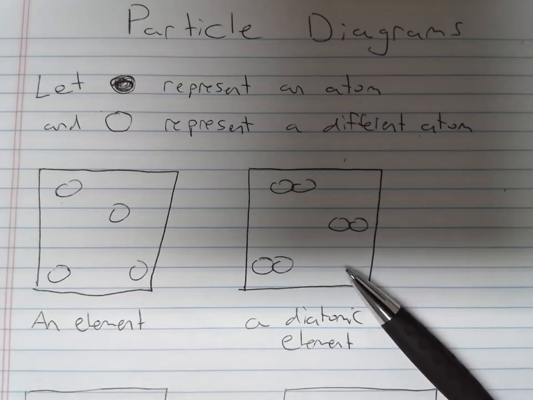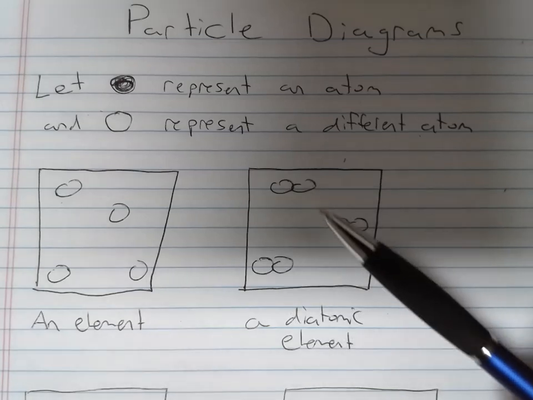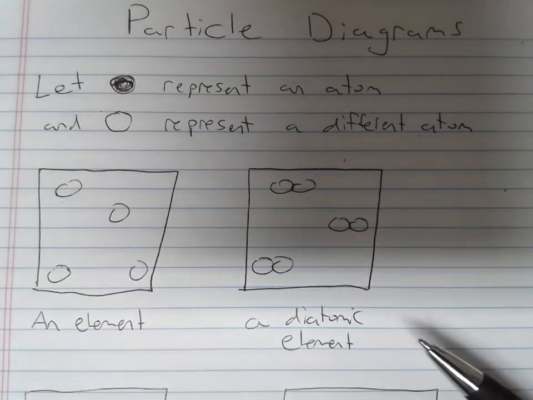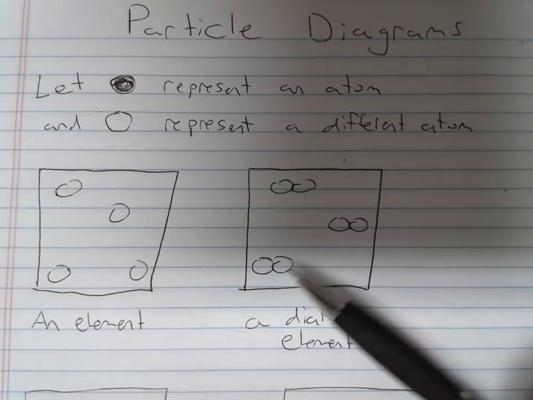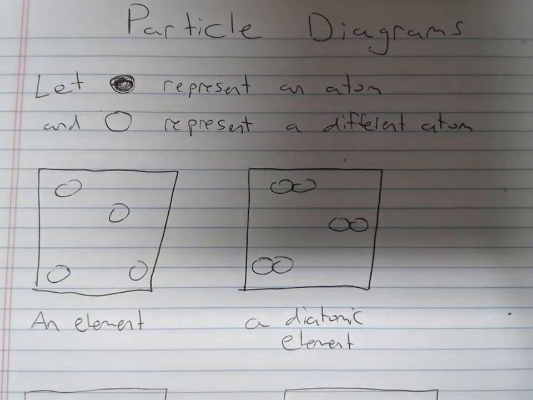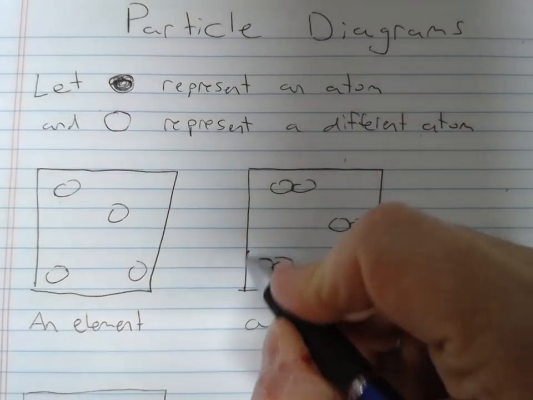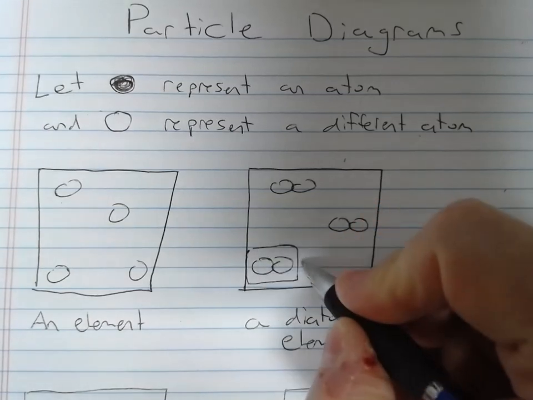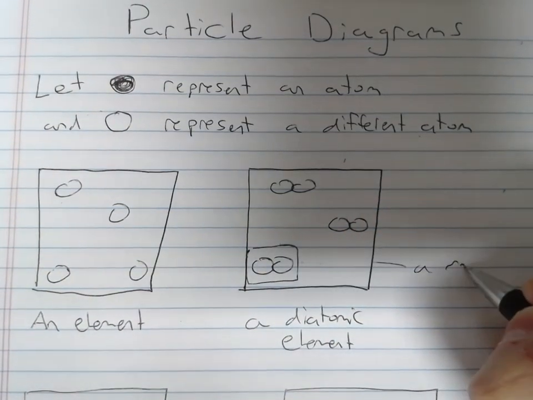To the right, I have another picture, also apparently in the gas phase, because again, they are so far apart from each other. The difference this time is that 2 of the atoms are combined, which means that each individual one, let's say this right here, represents a molecule.